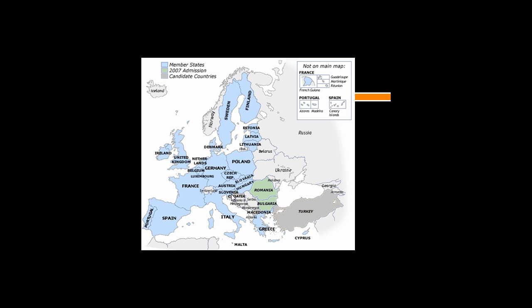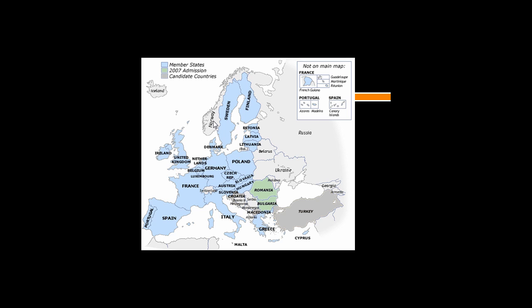Now let's talk about what countries are currently full-fledged members of the European Union. You can see that it basically includes almost all of the states that we conventionally understand as Europe. There are exceptions though, and we need to cover just a few of them.